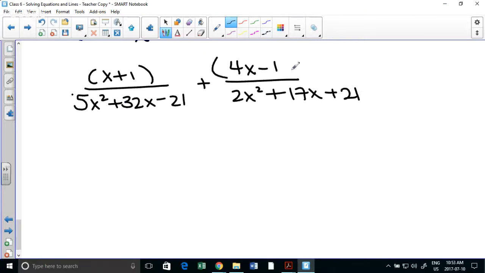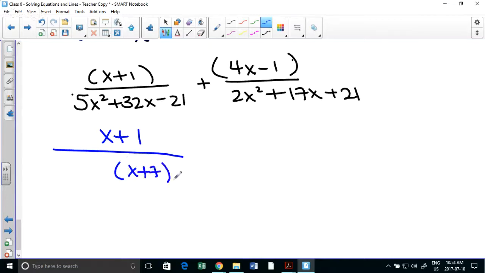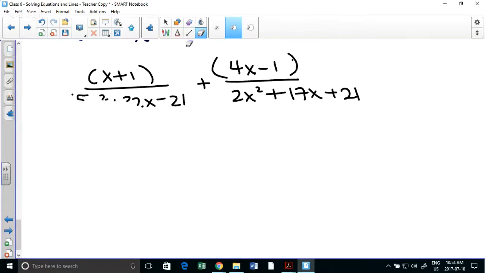So here what you need to do is factor. If I'm doing this quickly, I just have to remember to move this over. I will get it.